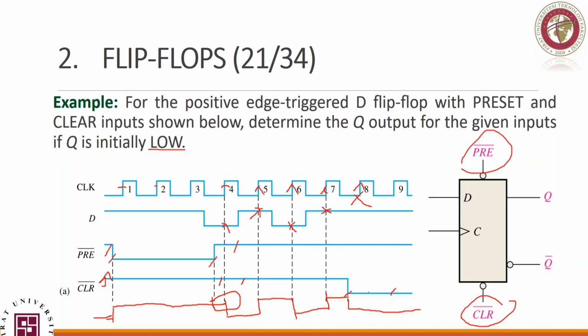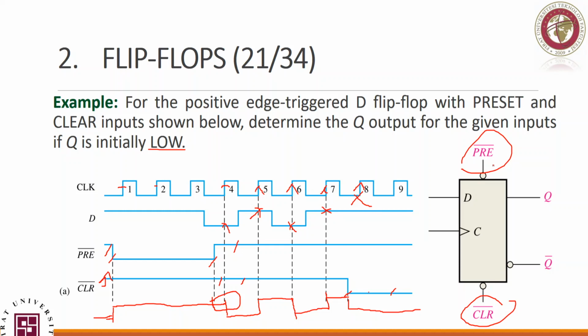So if we have it high here, it won't change unless I have a rising edge, because this is active at the rising edge, or there is a change in pre or clear. Usually we don't have pre and clear low at the same time, because the flip-flop will not know exactly what to do. Should I force Q to high or low? That would be confusing.